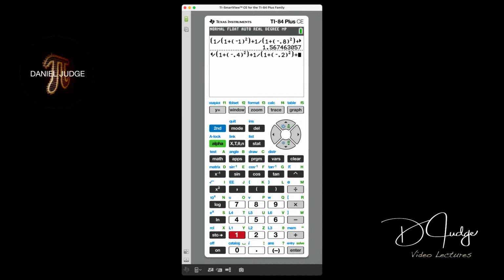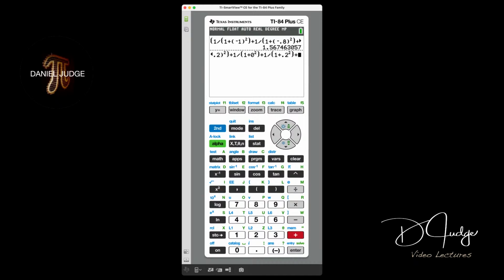Plus 1 divided by 1 plus 0 squared, close that, plus 1 divided by, parentheses, 1 plus after 0 is 0.2. And we don't need a parentheses there because we only put a parentheses around negative values to emphasize they're negative.